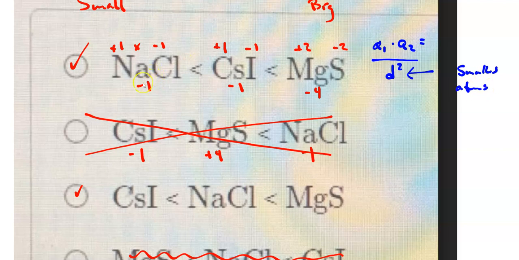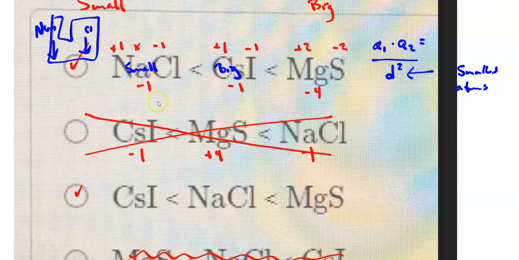Chlorine and sodium are towards the top of the periodic table. Chlorine's here, Na's over here. Since these are close, they're both pretty small. But cesium and iodine are both down here, so this one's a big one. These are the small ones.